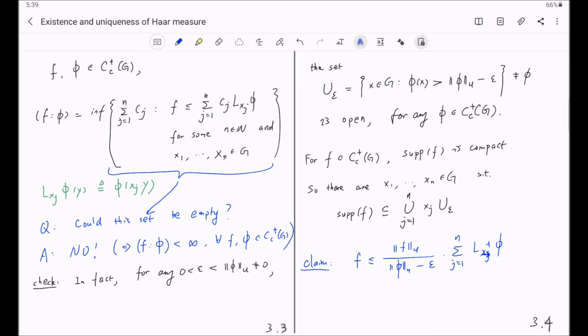Because they are group elements, we can take inverses. And as a consequence of this claim, the sum of coefficients will just be, in this particular situation, n times this constant.